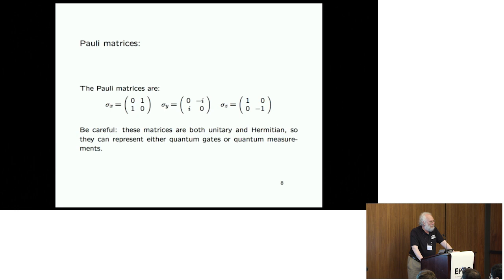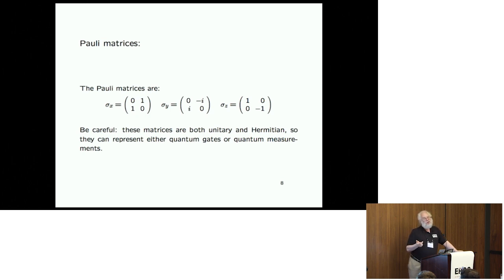So what is it? Well, first let's go back and talk a little bit more about quantum computing. The Pauli matrices are sigma x, sigma y, and sigma z, and we'll only need sigma x and sigma z. What sigma x does is essentially a NOT gate. If you input a 0, you get out a 1. If you input a 1, you get out a 0.